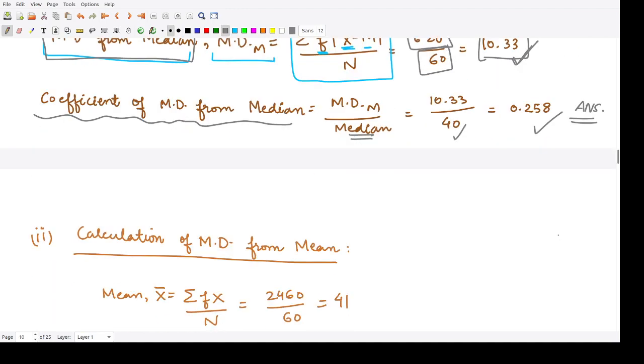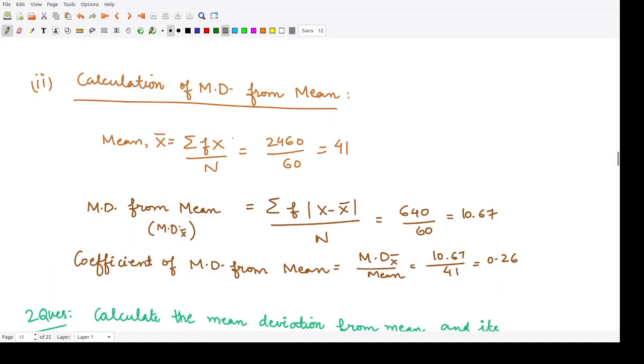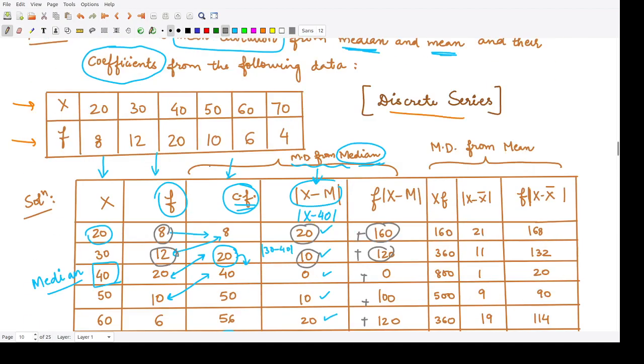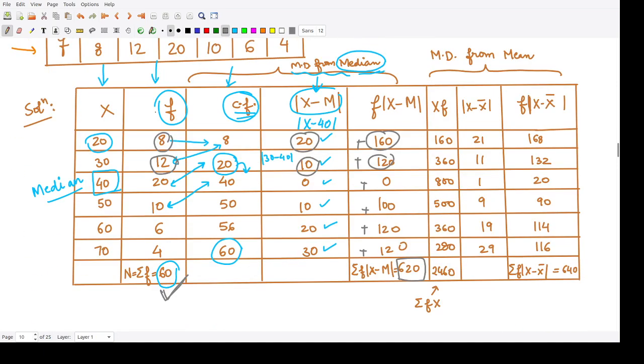Next, we'll now calculate the mean deviation from mean. For that, firstly we calculate the mean. How do you calculate the mean? Mean is calculated by summation fx divided by n. So now you have this x and this f, so you multiply this quantity with this quantity.